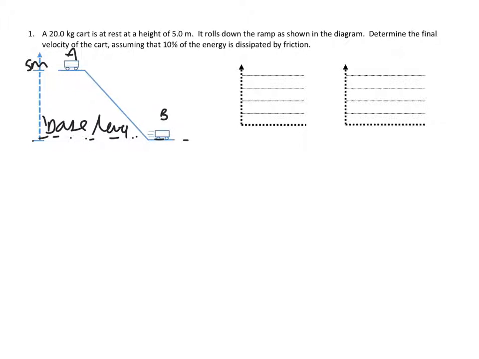So before we list what we're given and what we need to find, let's just draw the energy bar chart. We know that it's got EEL, EK, EG, and I'm going to add another column.